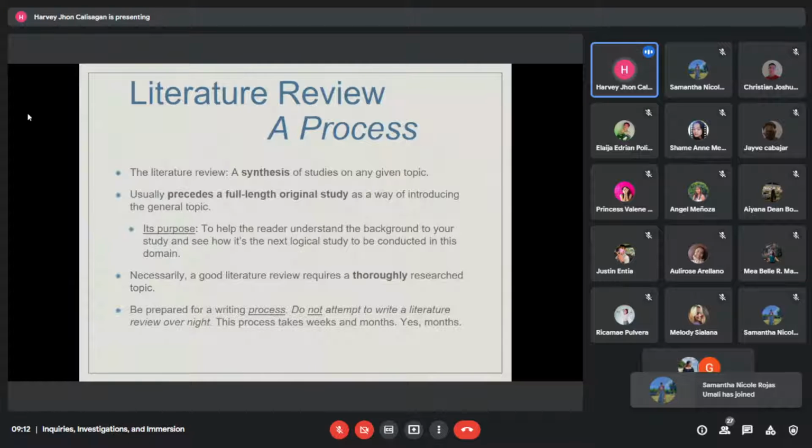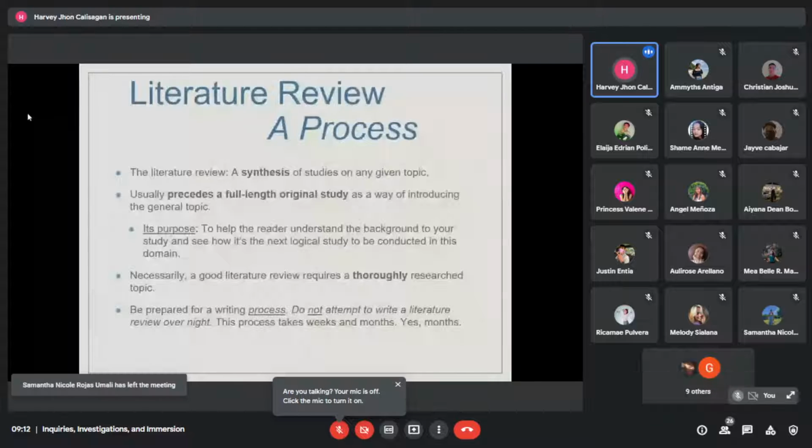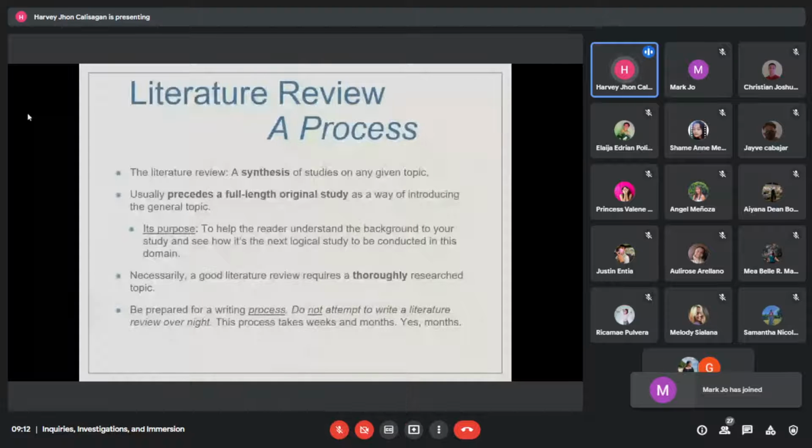It's not just something that you can research on Google, read, and then copy and paste into your paper. So it has a process. Usually it precedes a full length of the original study as a way of introducing the general topic. So again, it is the backbone of the problem. Your research cannot stand alone without this literature.